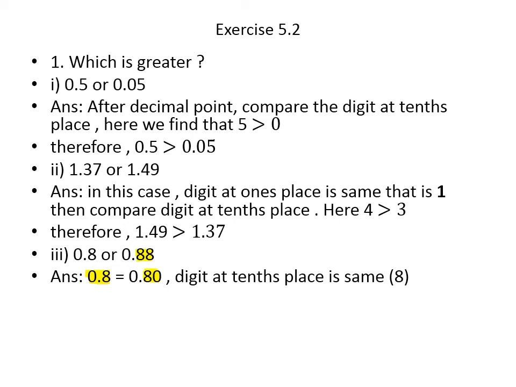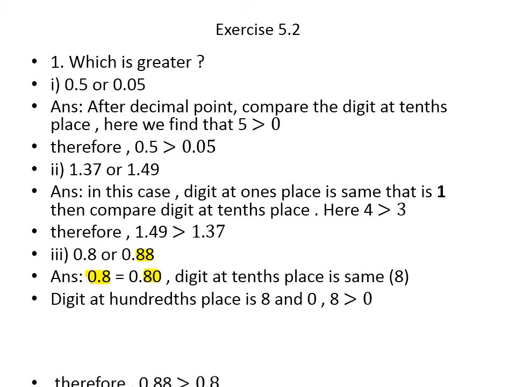Then you compare the digit at the 10th place. Here in the second number the digit at the 10th place is 8, and here the digit at the 10th place is 0. Therefore you know 8 is greater than 0. Therefore 0.88 is greater than 0.8.